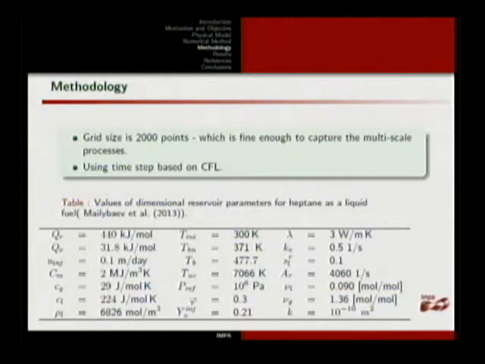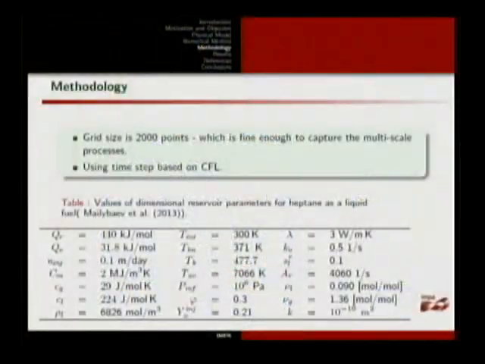This time step was calculated experimentally. We test which time step would be used compared to CFL. For the pressure equation, we use, for instance, 0.1 delta T, and for the saturation course, we use 0.01 delta T.